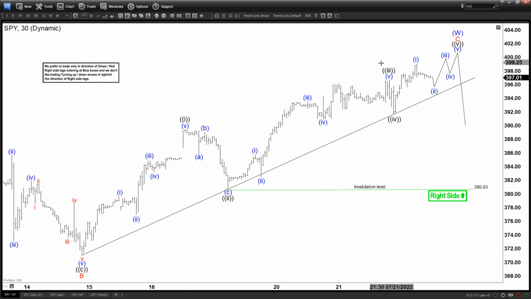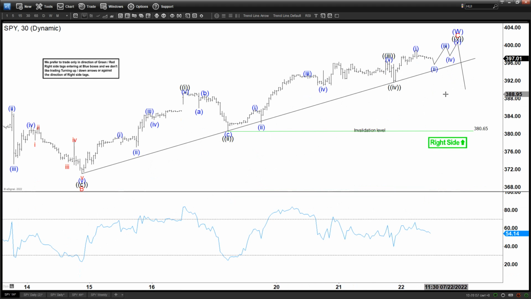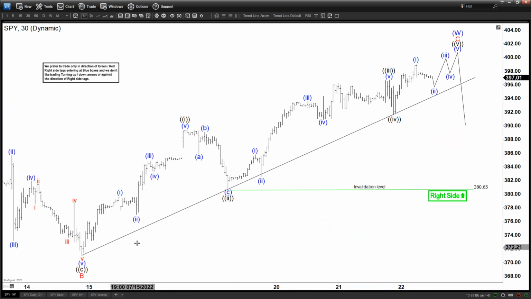That suggests that we could in fact be close to ending a 5 waves up, because again, in Elliott Wave theory, usually wave 5 should be accompanied by the lack of momentum, like what we see here. A break below this trend line will be your first indication this cycle is complete, and at minimum we should be getting some sort of a 3 swing pullback to correct this cycle. So that's pretty straightforward, right?